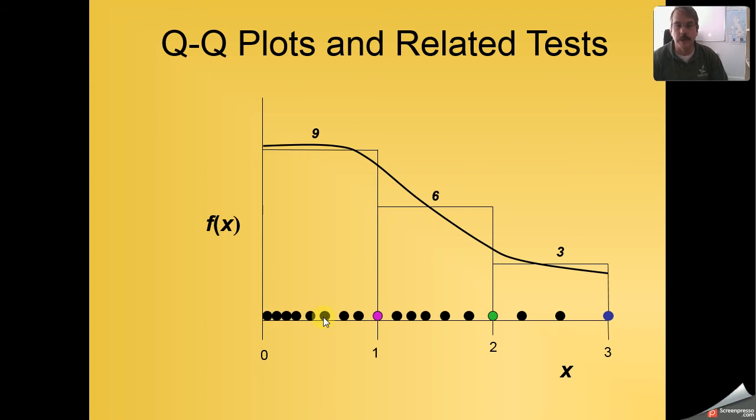So there's more information about where those sightings were made that is essentially lost when it simply says there were 9 sightings in the interval between 0 and 1. So can we use that more refined information to come up with an enhanced estimate of the adequacy of the fit of our model to our data?